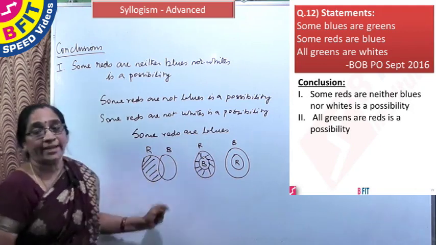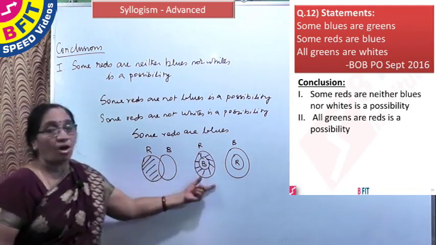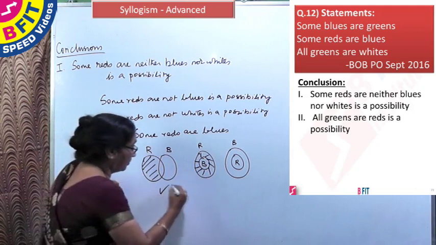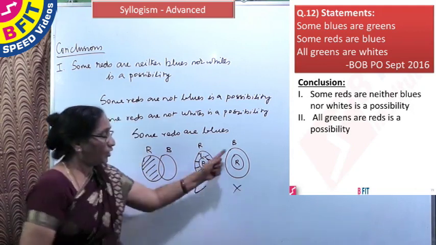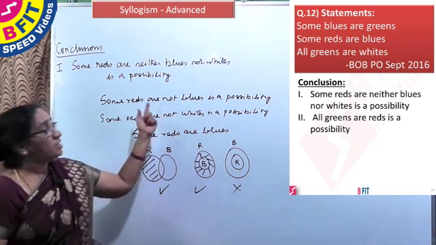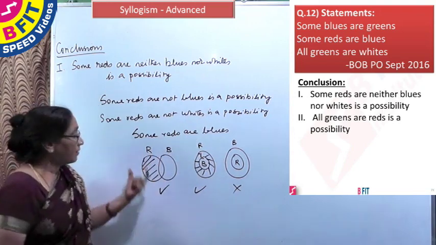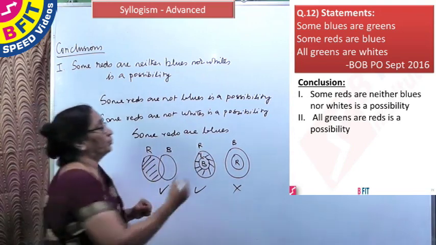In the first two diagrams, we can see that some reds are not blues. It is not true in the third diagram. Anyway, this being a possibility case, some reds are not blues is true.